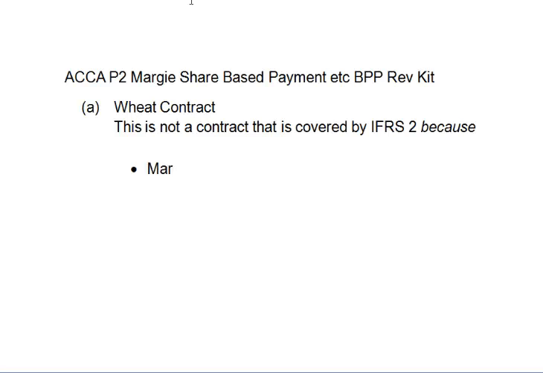Because firstly, Margie is not taking delivery of the wheat. So you can have a share-based payment contract where you are using the shares as a means of physically paying for something to which we take delivery.